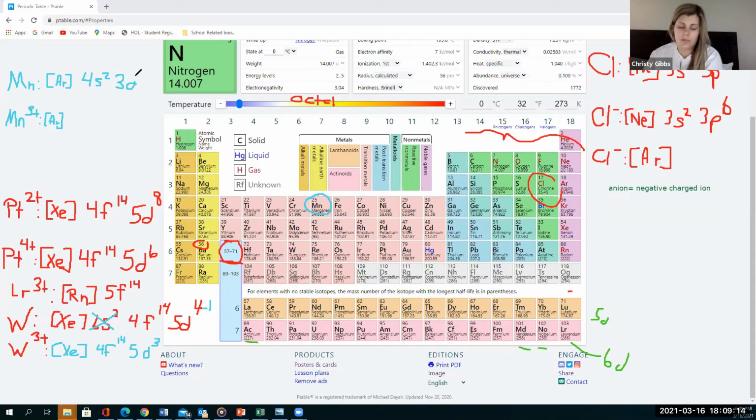Right. Okay, so then what would be manganese 3+? 3d4. Piece of cake? Yeah.